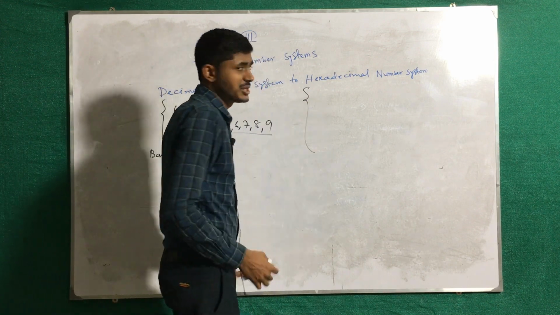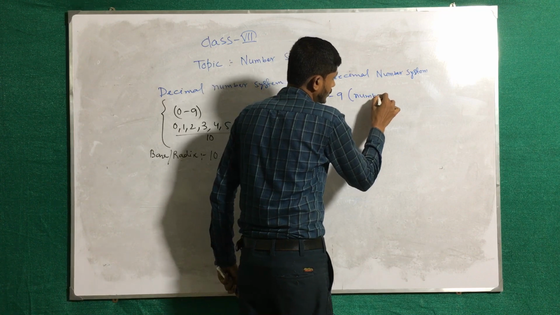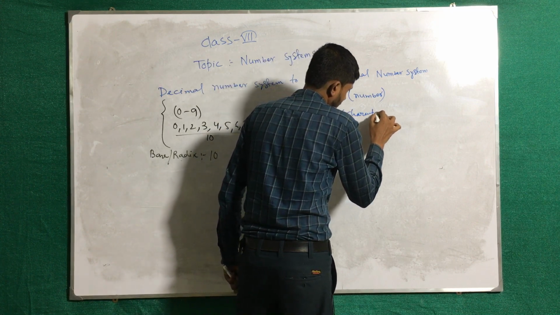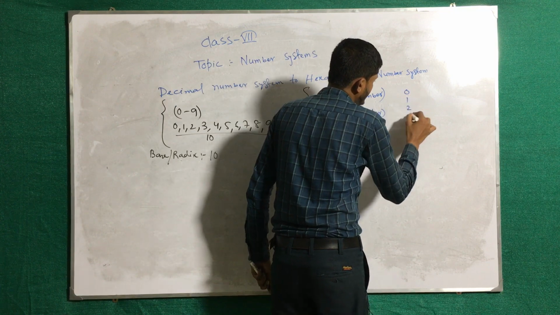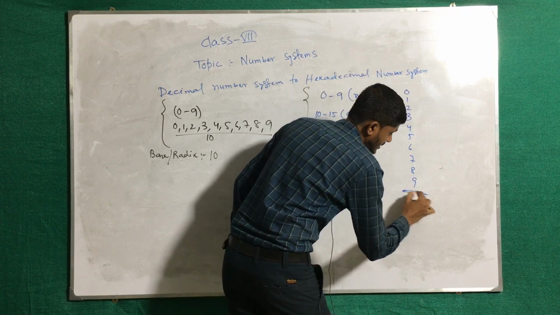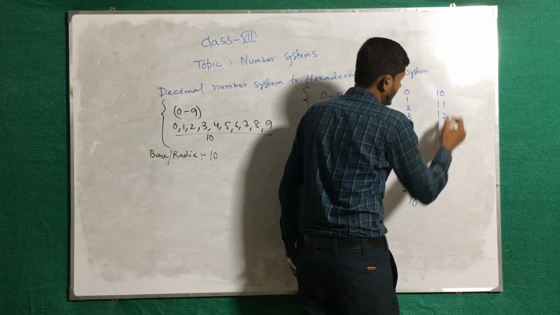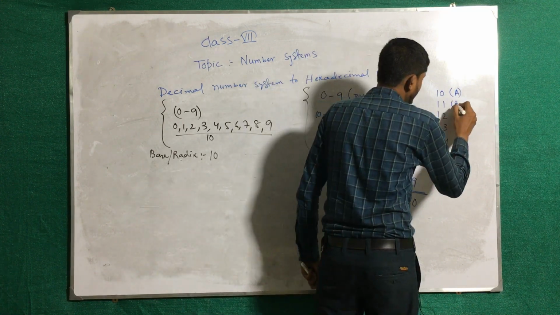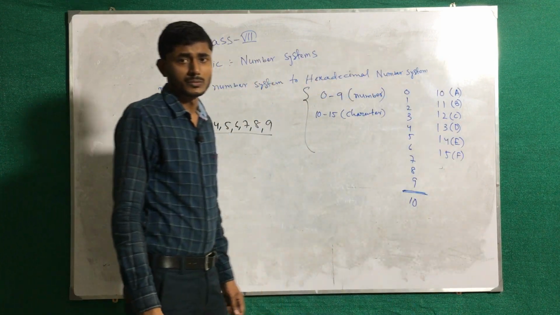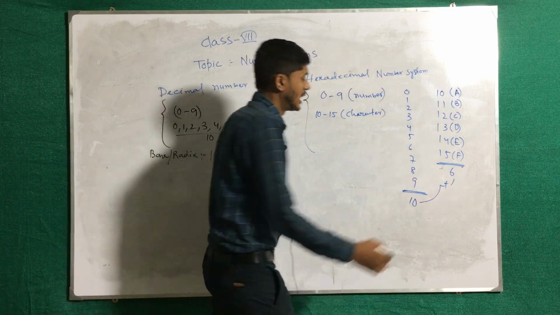And now, hexadecimal number system. Hexadecimal number system again contains 0 to 9 as numbers, and 10 to 15 as characters. 0 to 9 is a total of 10 digits, and then 10, 11, 12, 13, 14, 15. 10 can be represented as A, 11 as B, 12 as C, 13 as D, 14 as E, and the last one, 15, as F. So here the total is 6 digits. 10 plus 6 means 16 digits.